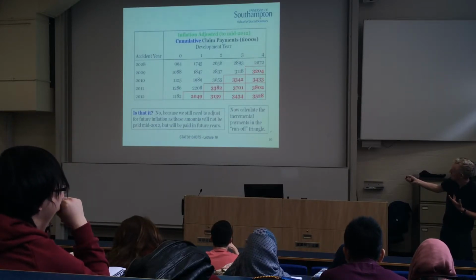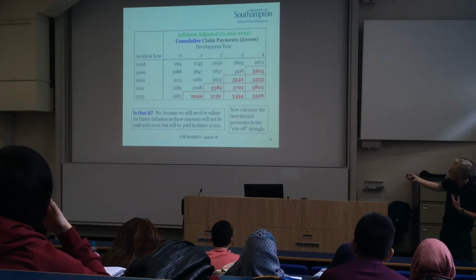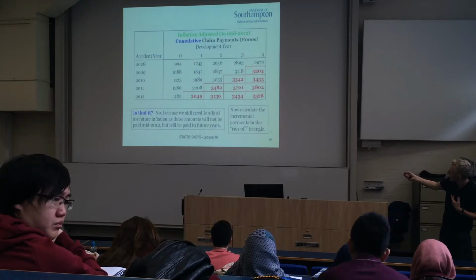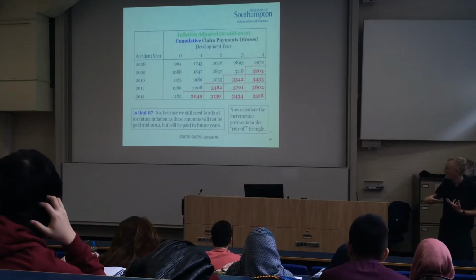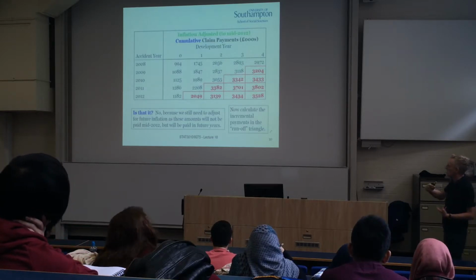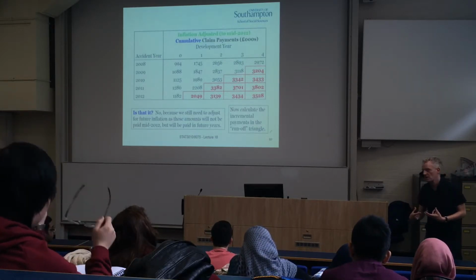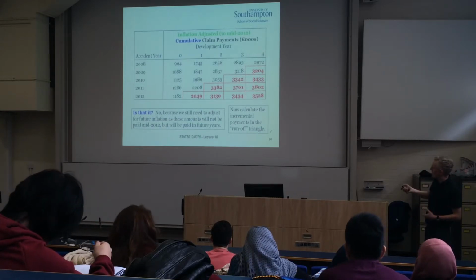Obviously, 3118 has already been paid. So the difference in these two numbers, the increment, the bit that we will pay in 2013, we need to adjust for the inflation that's going to happen between 2012 and 13.